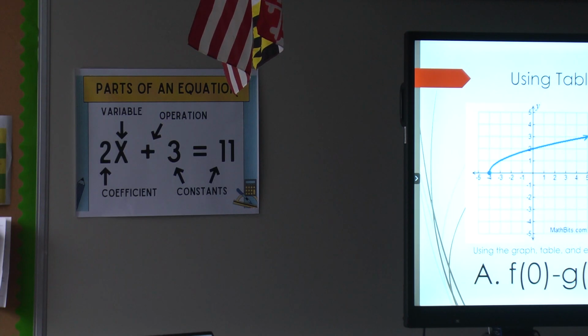At the bottom, it tells us that we're going to need to find f of 0 minus g of 3. So we know that this is f, this is g, this is h. Wherever my 0 is, where is my point? I see my point at 0, it's at the intersection of what?